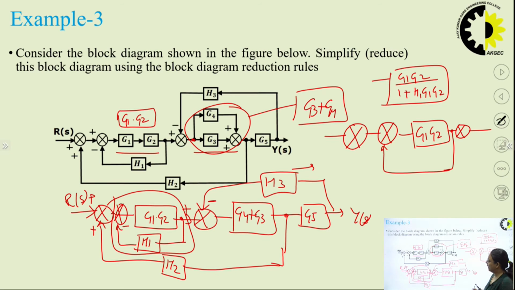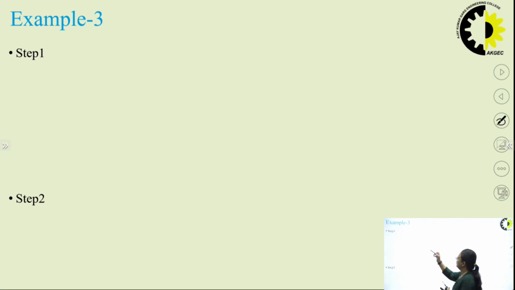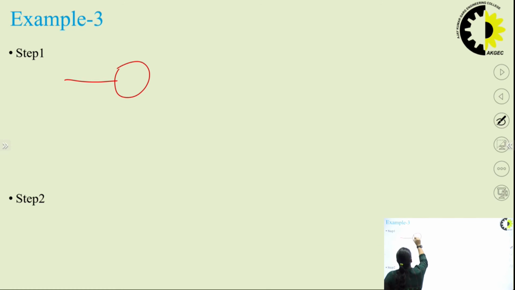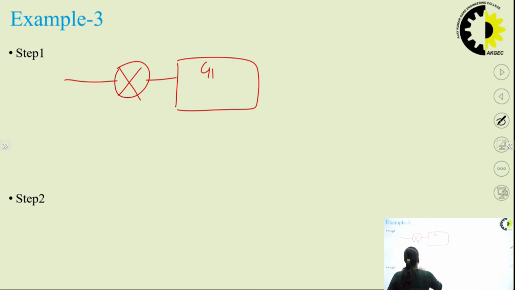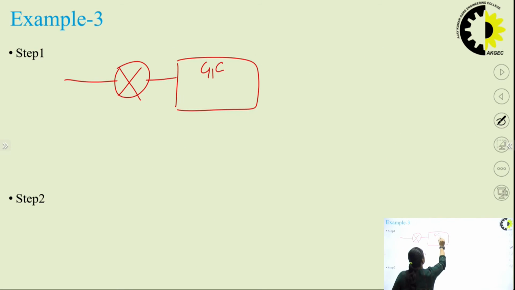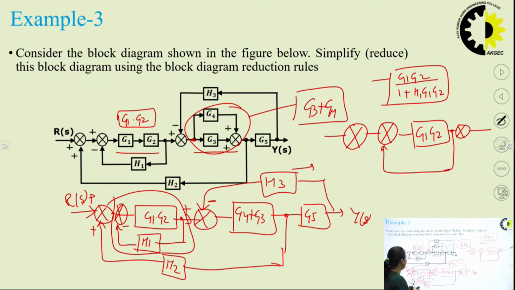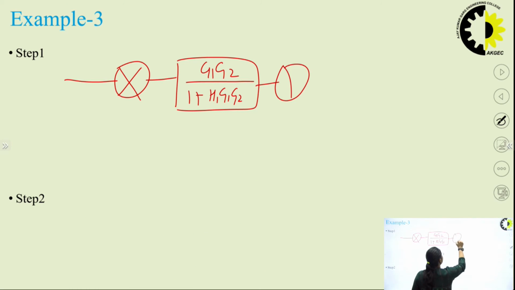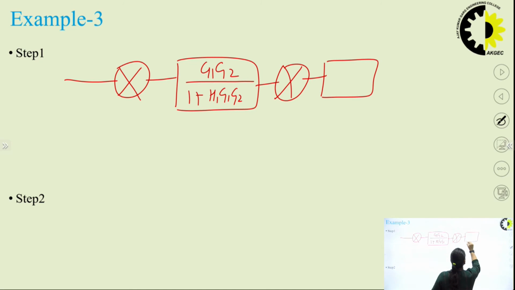Okay, so I am now drawing the single block here after the summing point. So this summing point, then a single block with the transfer function G1 G2 upon 1 plus H1 into G1 G2. Then what we have is again a summing point with the block after it, which is G3 plus G4.